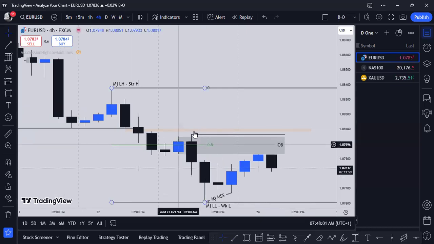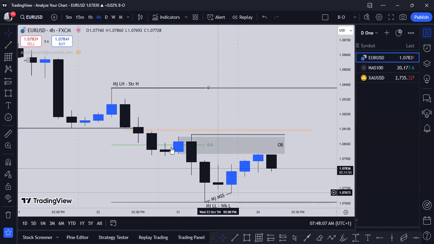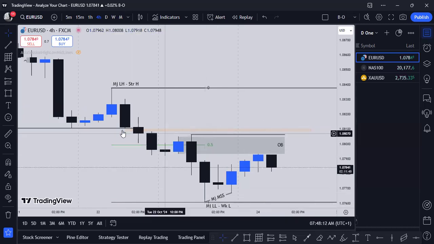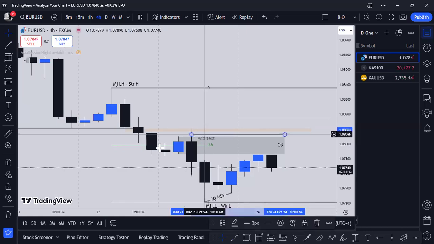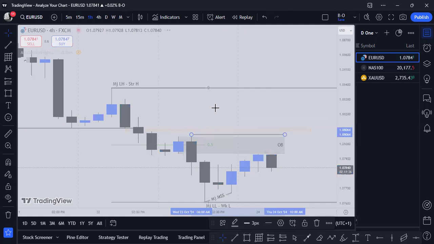But before we can maximize this market structure shift, we have to break this structure above. But don't forget, we have this fair value gap above this high, which can serve as a tap-in liquidity and send price further down. So let's go to 1 hour and try to see what we can find there.